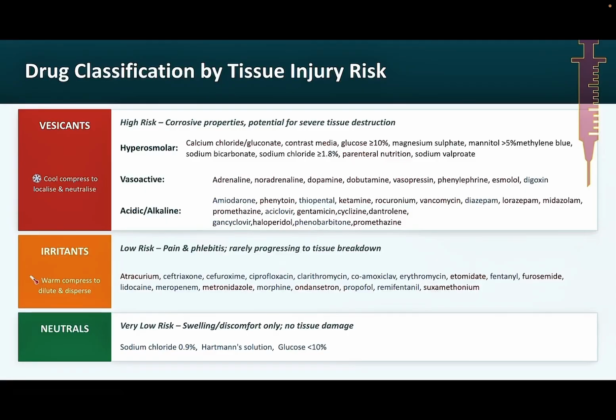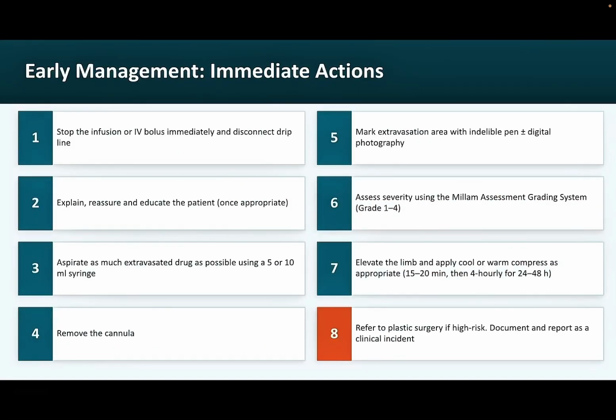And what are the less irritant, low-risk irritant agents? Other drugs like antibiotics: ceftriaxone, cefuroxime, ciprofloxacin, amoxicillin, erythromycin, and anesthetic agents like fentanyl, etomidate, lignocaine. Those are low-risk irritants.